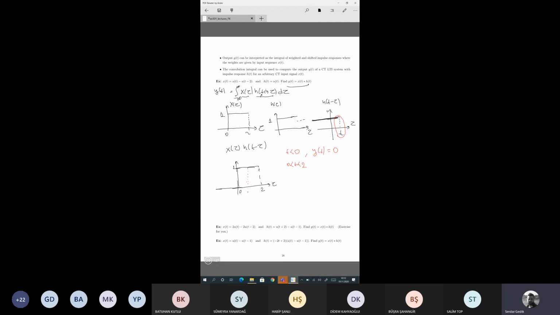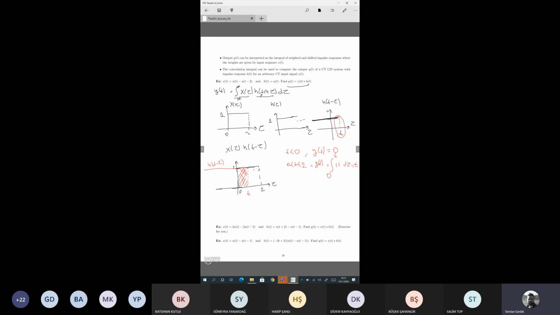So it is just like this. I have t here, and this is my h of t minus tau. So what is the multiplication of x of tau and h of t minus tau? It's nothing but this area, right? So what is the integral? y of t is the integral from 0 to t, because the multiplication is only non-zero from 0 to t. The value of x of tau is 1, h of t minus tau is 1, and I have the d tau, which is simply t.